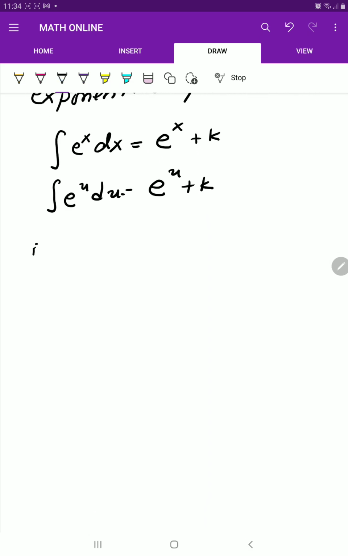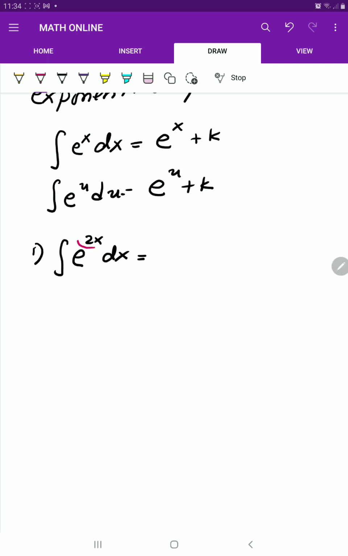So let's say that the question is the integral of e to the 2x dx. In this one we can actually use substitution, but before I go to the substitution, I'll show one of the techniques.